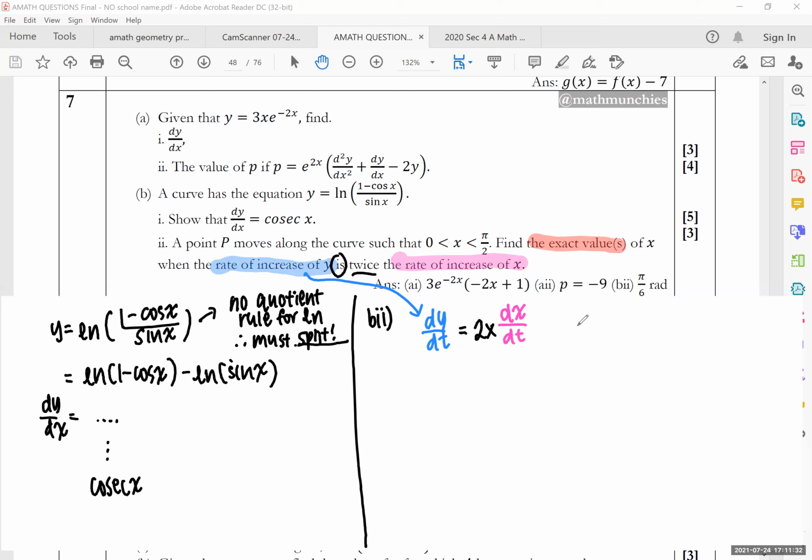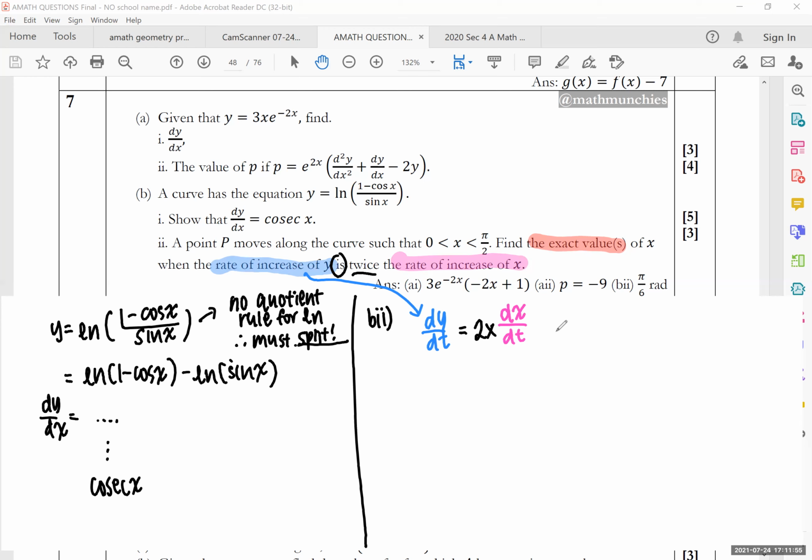So for this case, 2 times dx/dt means what already? Find dx/dt. Is there any way I can find dx/dt if you read the question? Did they give me any clue to find dx/dt? No, right? They never give me any clue.